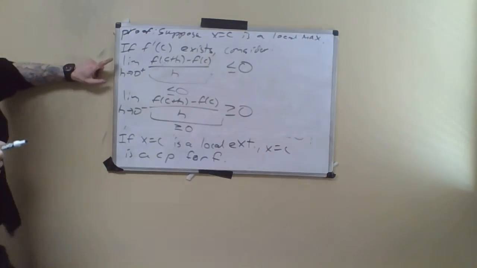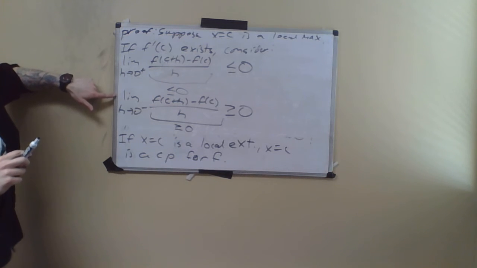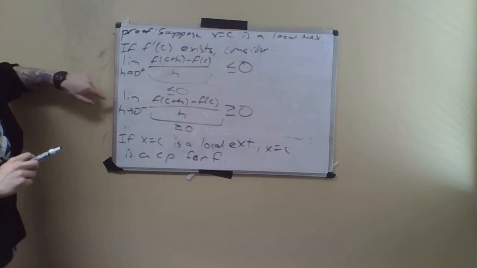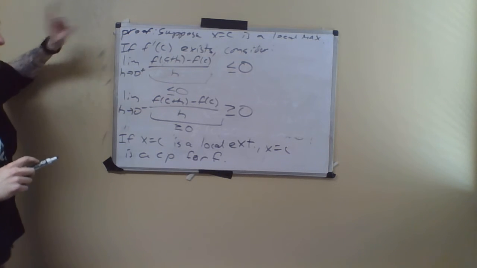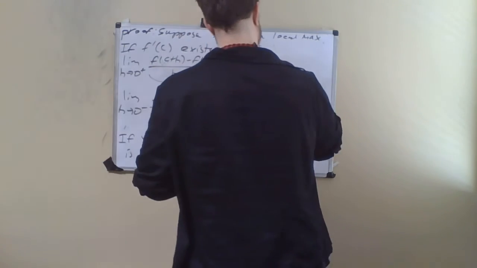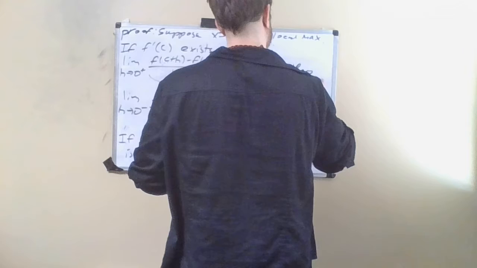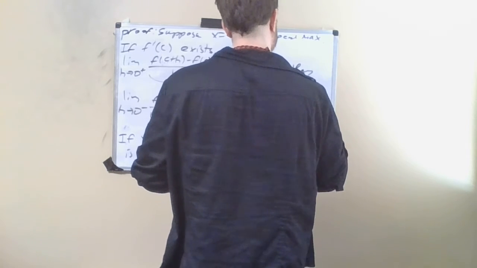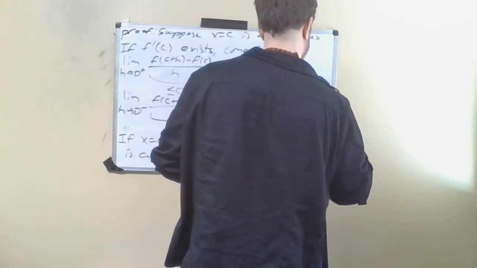Now, if f prime of c exists, then these two limits have to exist and they have to be equal. But the only way that these two one-sided limits could be equal is if they were both 0. So they must both be 0, and f prime of c is equal to 0.